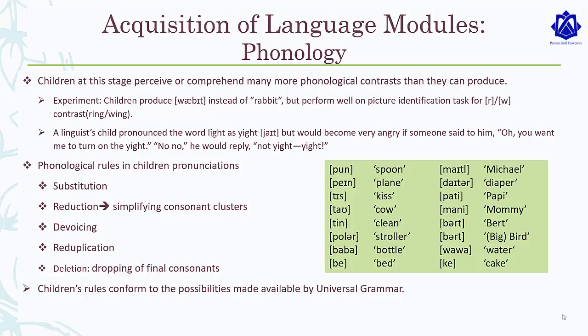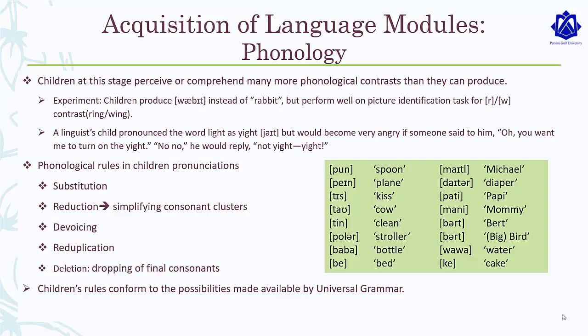One other thing is baba for bottle and wawa for water. What do we have here? We have the repetition of one syllable, ba in bottle, baba, and for water, wawa. You are familiar with this morphological rule, which is reduplication.